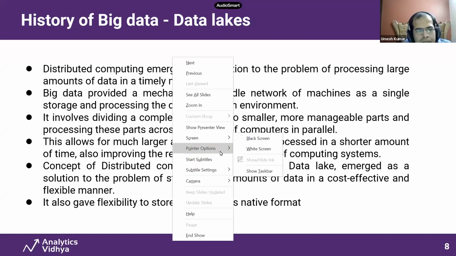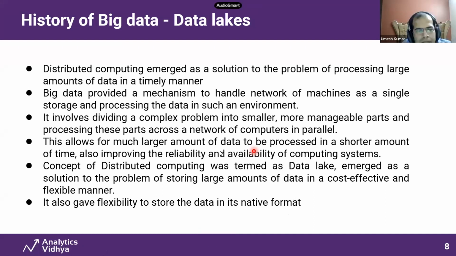It also involves dividing a complex problem into small, more manageable parts, such that each small problem can be handled by a single computer. This allows a large amount of data to be processed in a short amount of time, also improving the reliability and availability of the computing system.